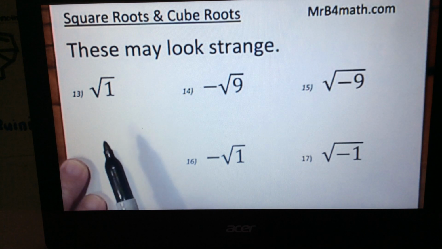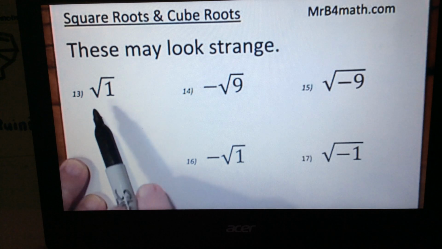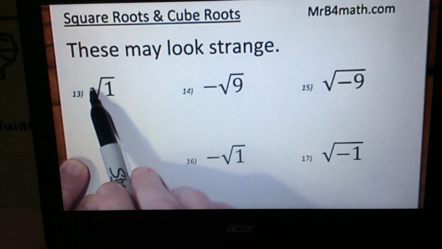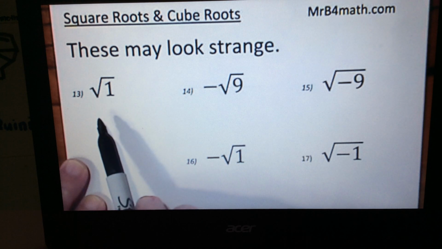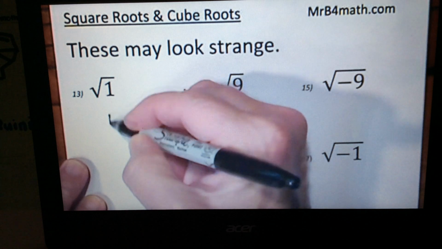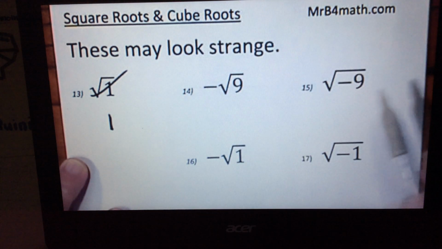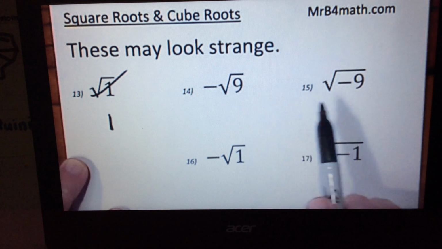I'd like to go over a few more cases that might look strange. The square root of 1. Remember, there's no index here, so it's understood to be an index of 2, which means the square root. The square root of 1 is simply 1. You do have to be careful when negative signs show up.